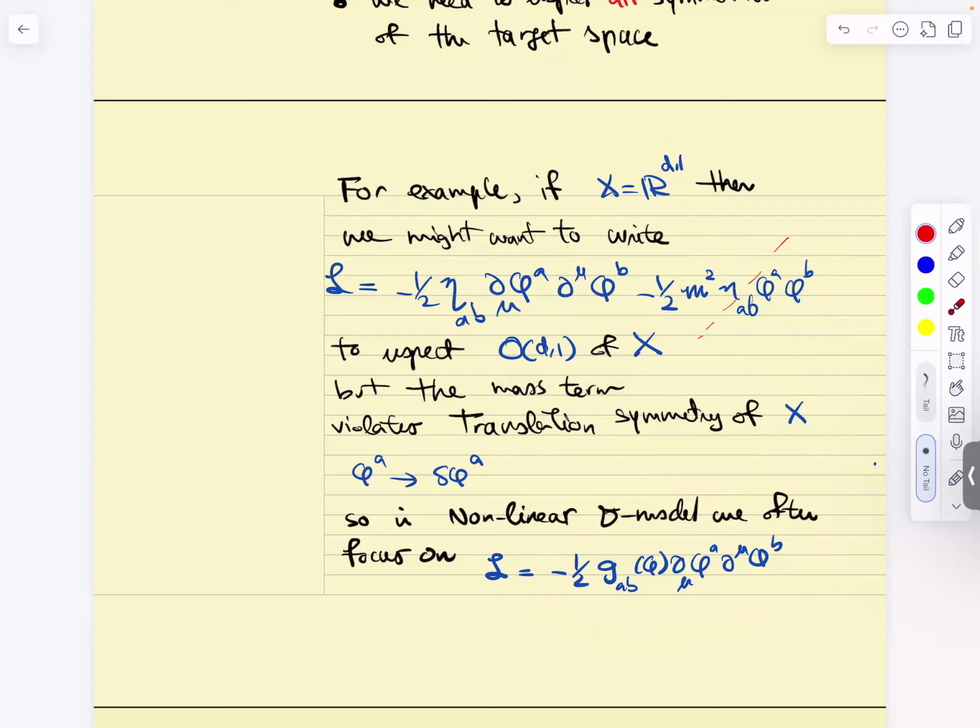In spacetimes that are symmetric enough and nice enough, sometimes you could write down potential terms that also preserve all the symmetries of your target space. But we're not going to be discussing those theories here. Just know that most of the time we talk about the nonlinear sigma model in this form. So the interactions come through the metric. There could be explicit interactions depending on the model you talk about. Questions?